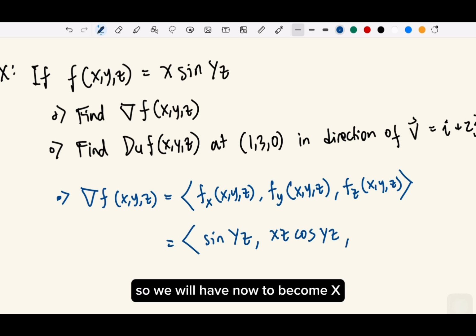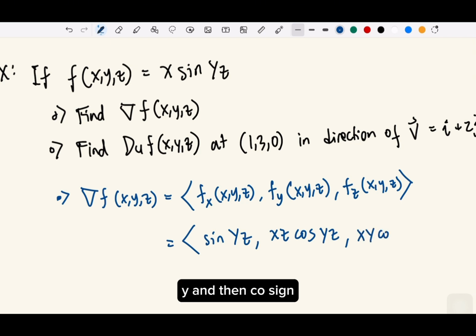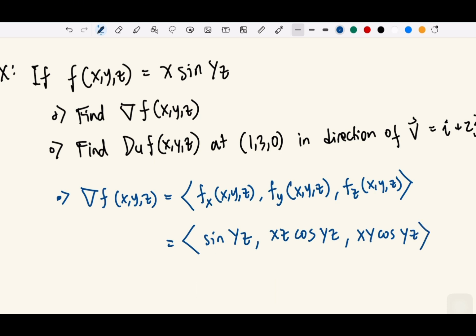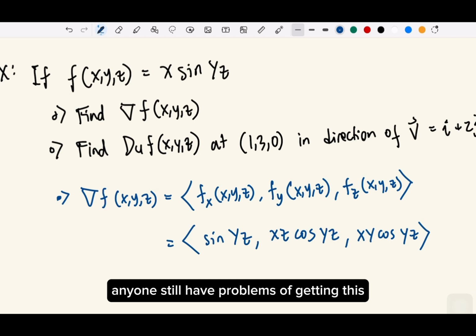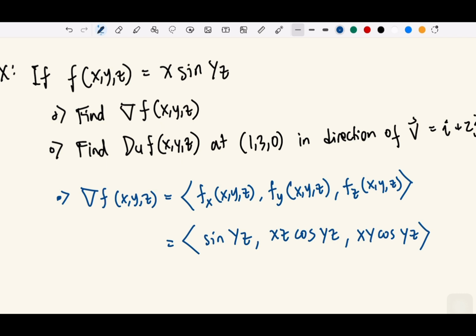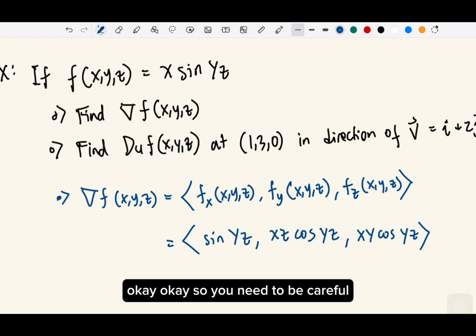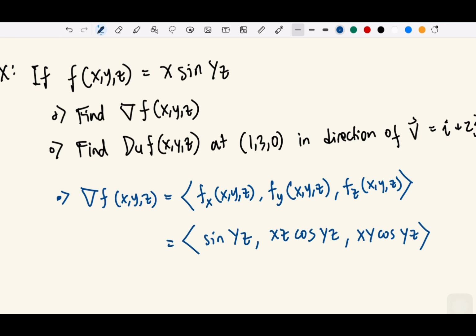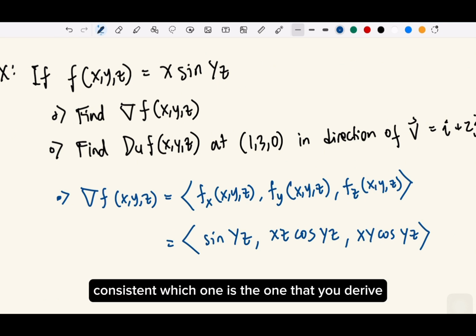So now it becomes xy cosine yz. Does anyone still have problems getting these 3 components? Okay, right. So you need to be careful and consistent about which one is being derived and which one you treat as a constant.